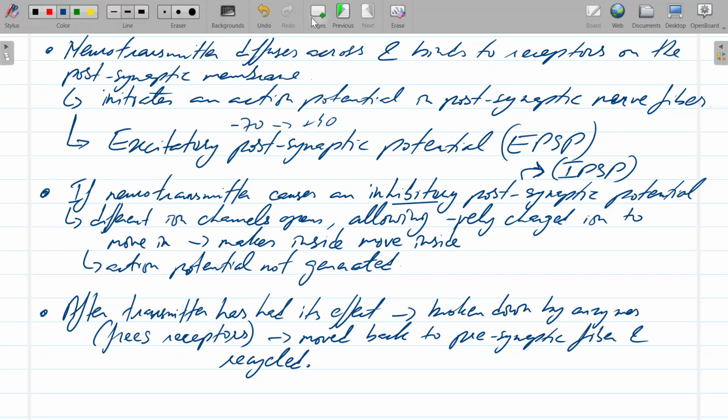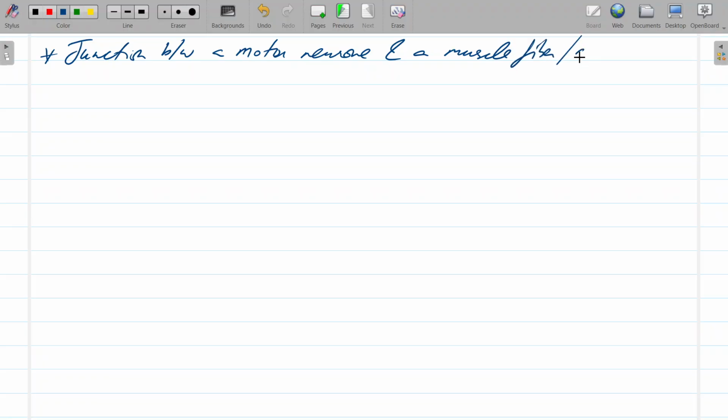One thing to highlight is that the junction between a motor neuron and a muscle fiber, or muscle cells, is called a neuromuscular junction.